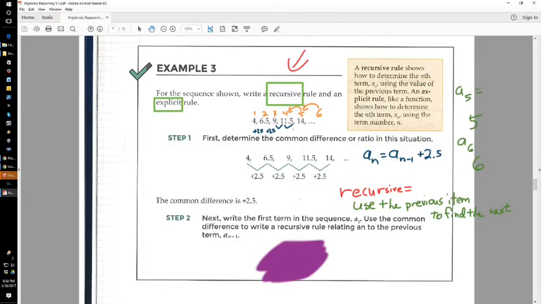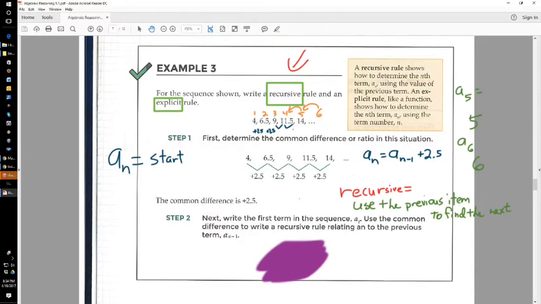Alright, for the explicit rule, to find number 6, I use the 6. To find number 7, I actually use the 7. So here's how we do it. To find a sub n, we need to know where we start.